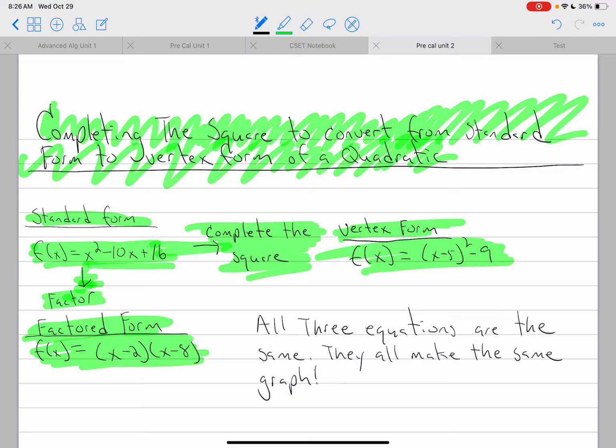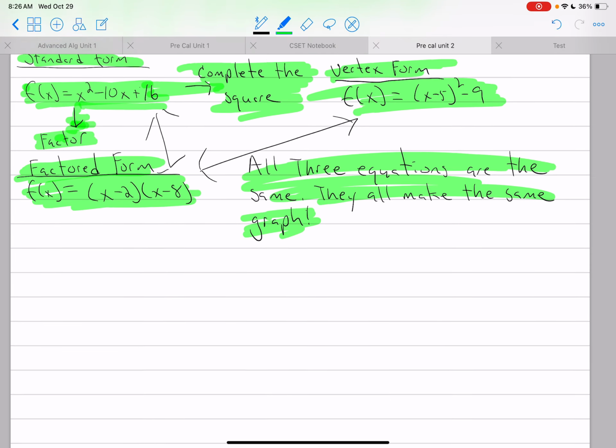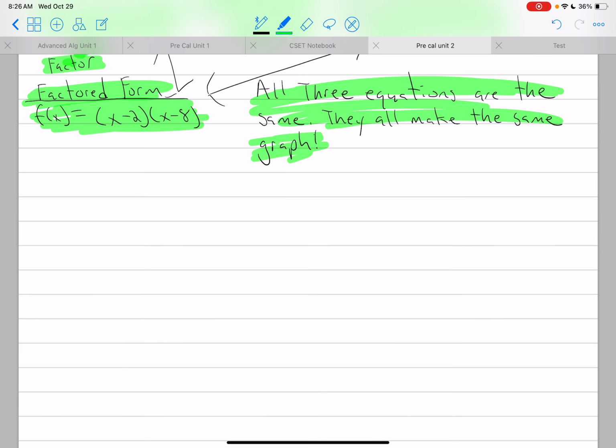So all three of these equations are the same. They all make the same graph. They just tell us different information. So today what we're going to talk about is how do I go from standard form to vertex form. So we're just going to do it by examples.